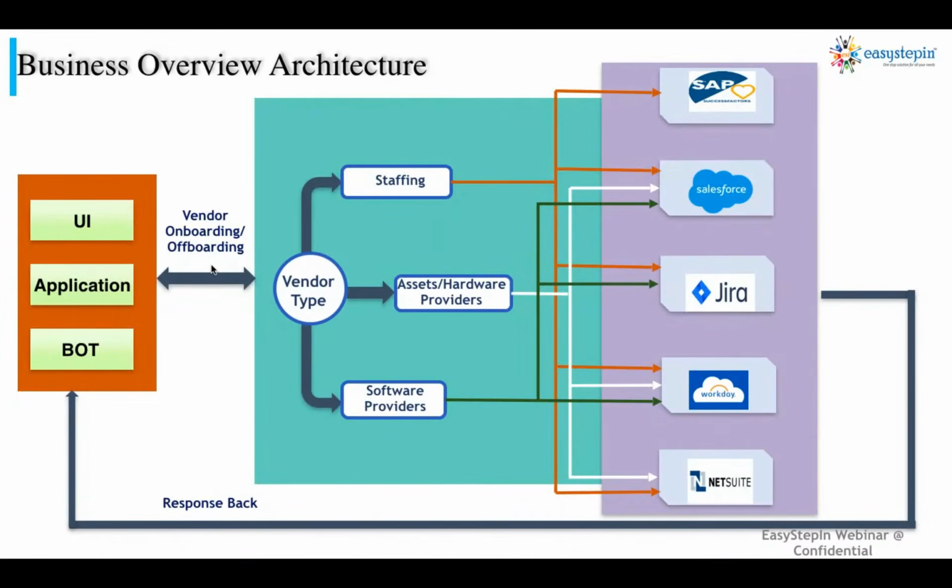The request for vendor onboard, offboard can come from different sources, say like VMS UI, external applications, and Slack bot, etc. So we get the request here, and based on the vendor type, that is say staffing, hardware provider, or software providers, the data is routed to the various applications here. Say for example, if vendor type is staffing, the data is sent to SuccessFactors, Salesforce, Jira, Workday, and NetSuite. And if the vendor type is hardware provider, the data is sent only to Salesforce, Workday, and NetSuite.